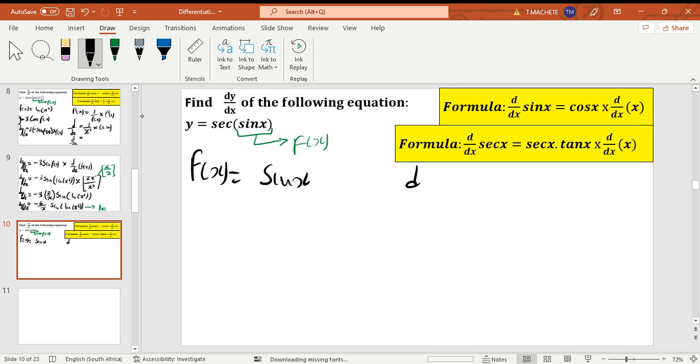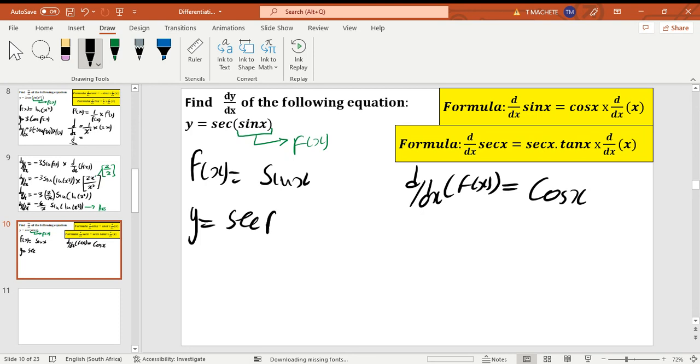Then you find the d over dx of that f of x. You differentiate that. So the differentiation of sine x, you get cos x.